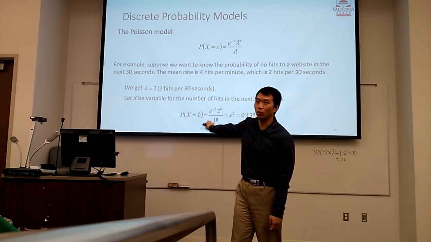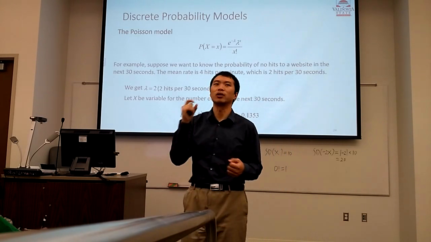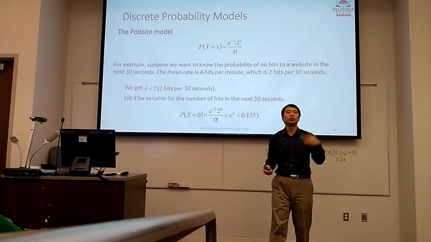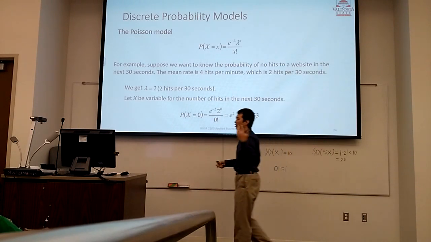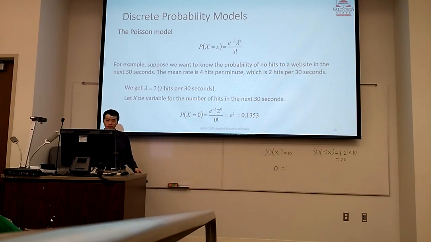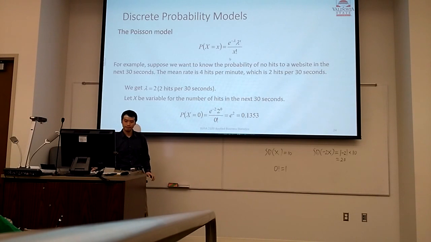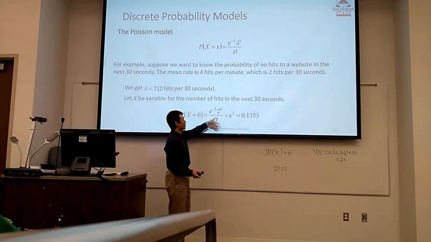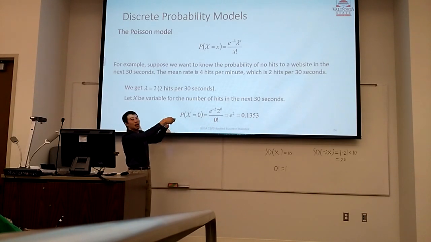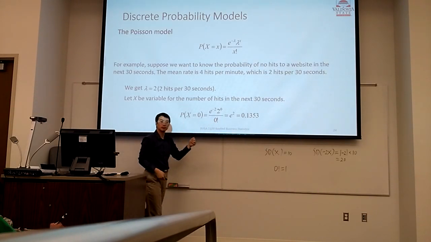In this case, we are interested in 0 arrivals. But you may be interested in 1 arrival or 2 arrivals, based on the question. So that's how we plug numbers in this model.